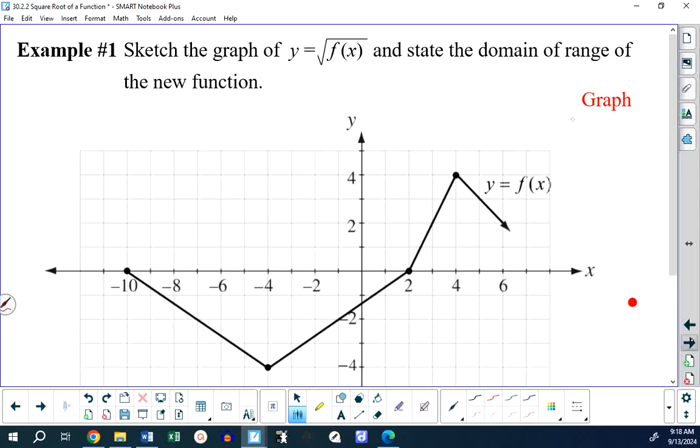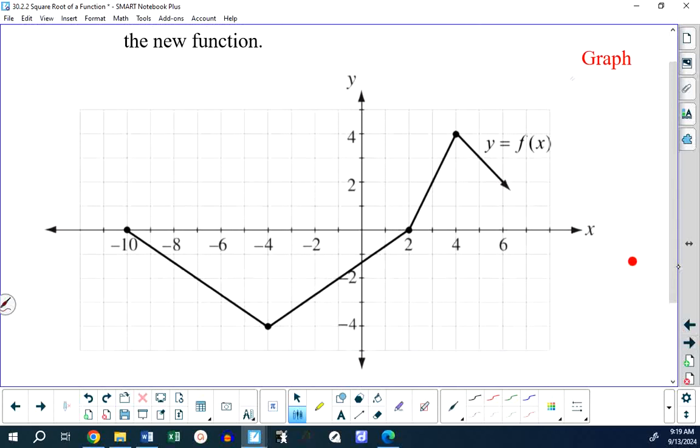So this is what I was talking about earlier. You can't put the square root of something into your calculator because you don't know what that thing is. It's a complex piecewise function, we would call it. But what we can do is the following. We can say that the square root of this function will contain this point and this point.